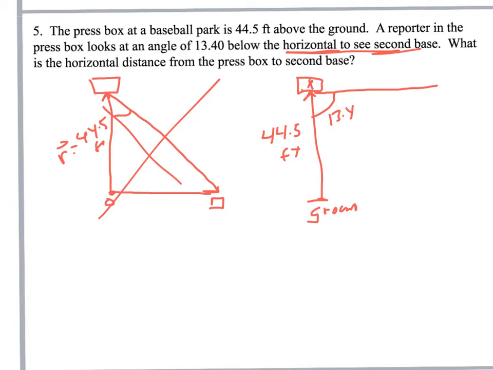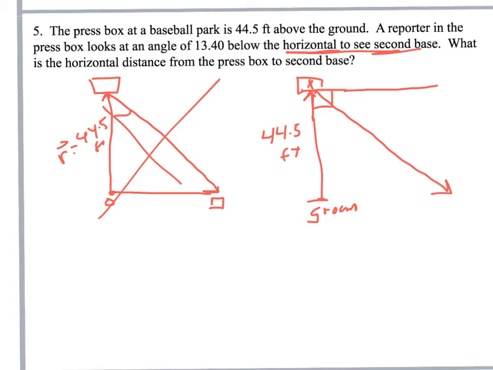So we didn't want to do it that way because that's the right triangle. So this is our right triangle. Ooh, erasing too much there. So this is our right angle, and basically what we're saying is the reporter's looking towards second base.